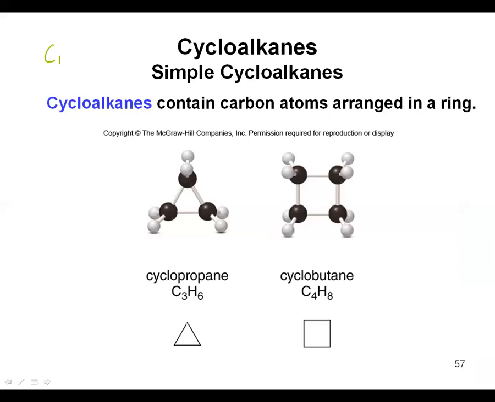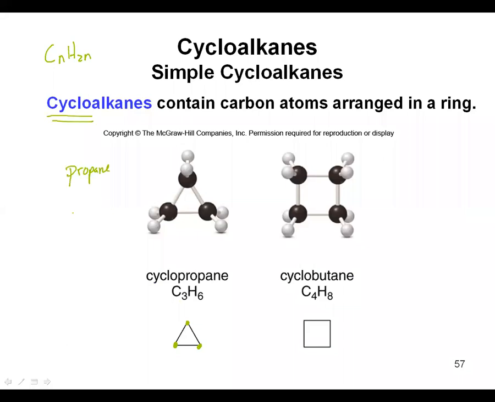So again, this has essentially down here 1 carbon, 2 carbons, and 3 carbons. Again, 3 carbons is based off of propane. But because it is this ring structure, we put the cyclo in front of it, and that's how we get to cyclopropane.